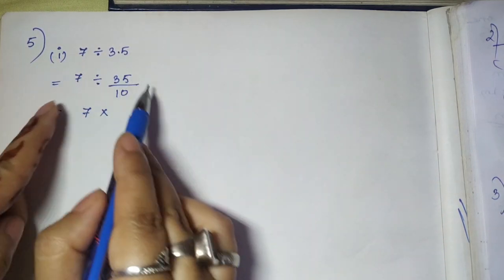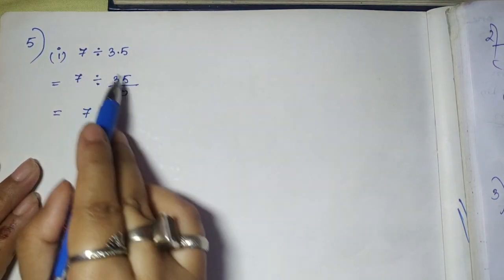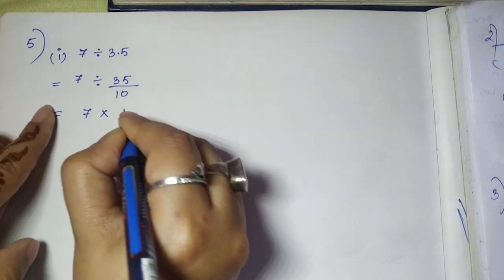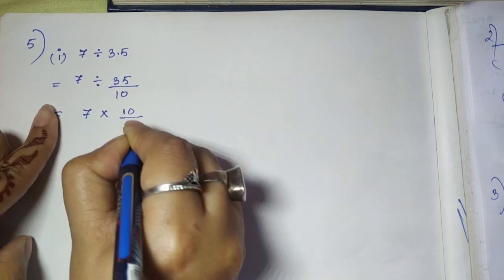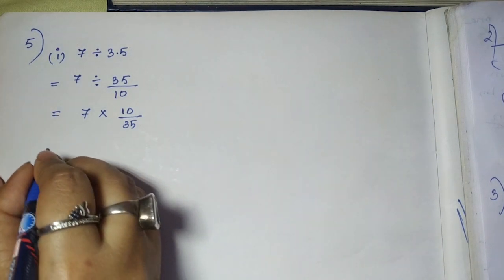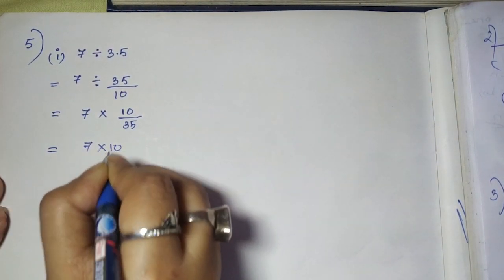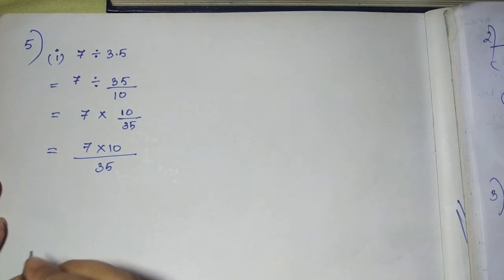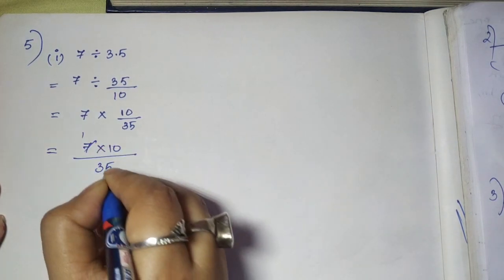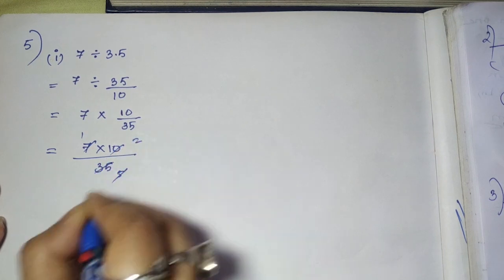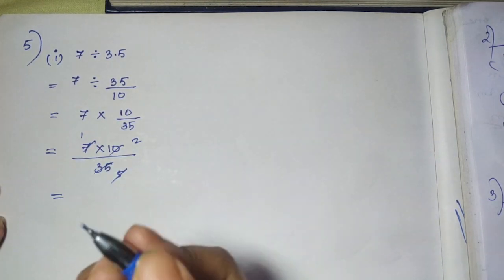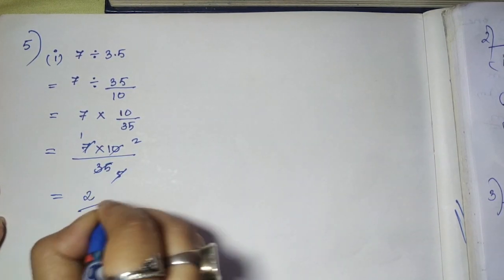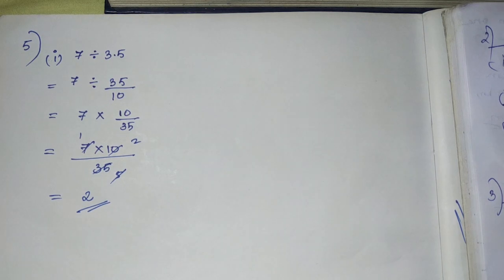The part after the division sign only gets reciprocal, not the previous one. Okay, so this becomes this. So numerator into numerator and denominator into denominator. Let's see if it gets cancelled. Yes, 7 5s are 35, 5 2s are 10. You can multiply and divide, but it becomes lengthier. You should know how to cancel. So the answer is 2.